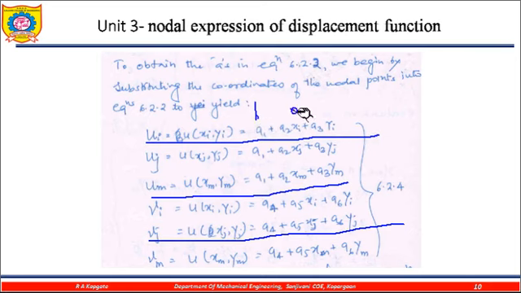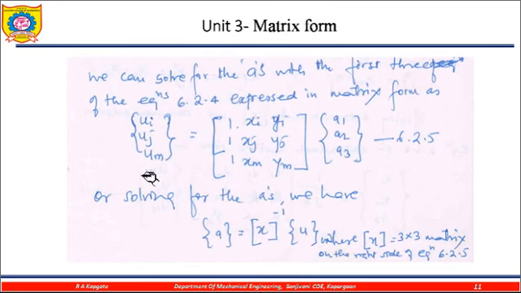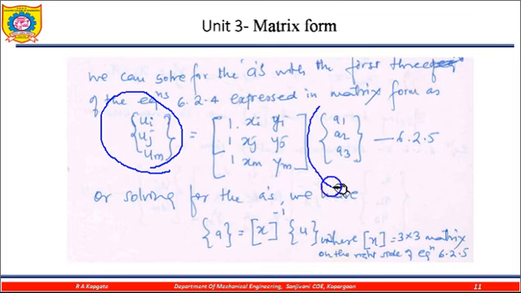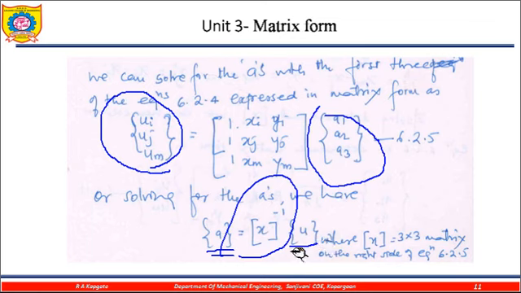So the remaining are 1, xi, and yi. So I am able to write my general displacement function, that is ui, uj, um equal to the matrix 1 xi yi, 1 xj yj, 1 xm ym, times a1, a2 and a3. If I am interested in calculating a, it is the inverse of this matrix multiplied by u, the displacement vector, so that we can very easily calculate the value of a.